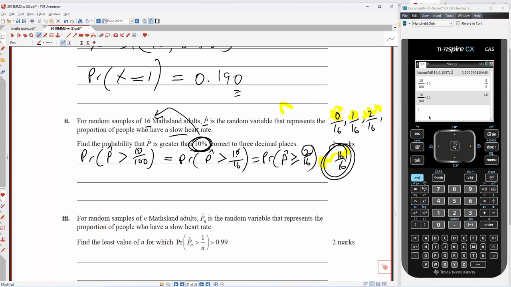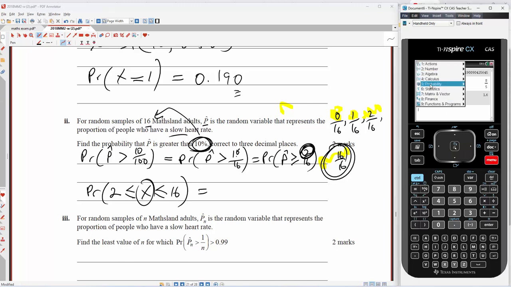Again, worth reflecting on the fact that this thing here is the thing that's binomially distributed. So we could work out 2 all the way to 16, and in fact, let's just do that. So we want the probability that we're going between 2 to 16 on this random variable that we defined earlier. Again, we'll just jump on CDF to do that.